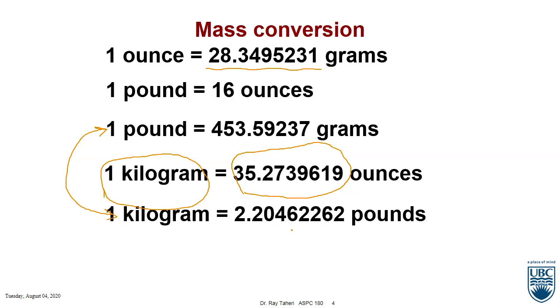And how many kilograms is 1 pound? In that case you take the inverse, which is 0.435. Obviously, the pound is smaller than the kilogram.